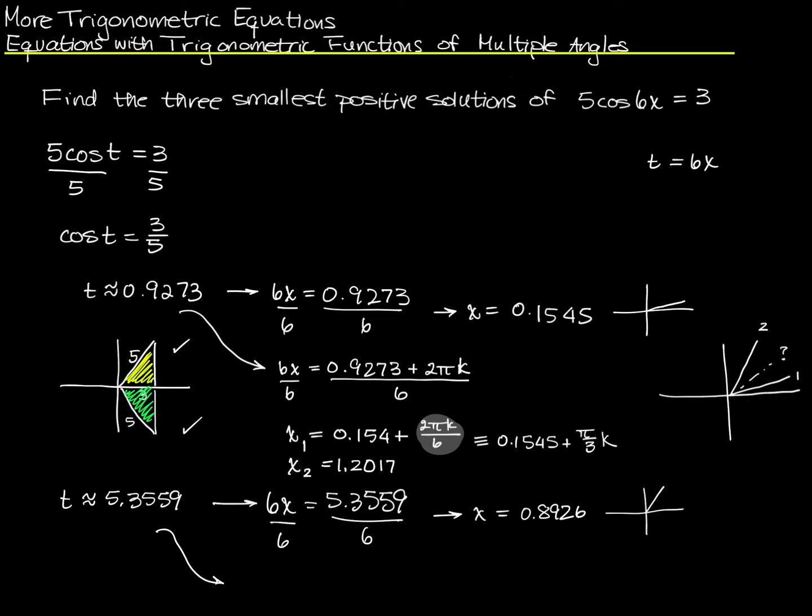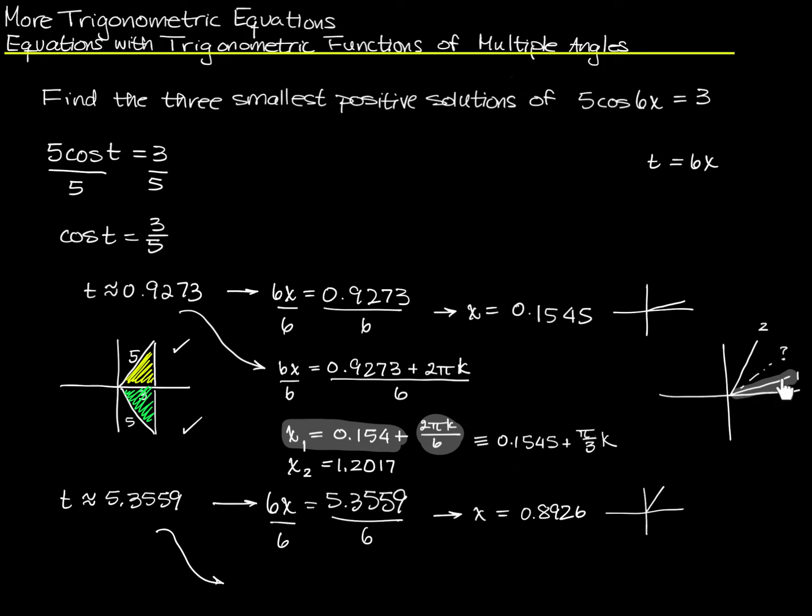So my first solution, let's do this. I'm going to highlight these, using a slightly smaller highlighter than I've been using. This solution right here, the one where k is 0, is this angle right here. That's the angle 0.1545 radians. If k is 0, then this whole term goes away, and I'm left with just 0.1545.